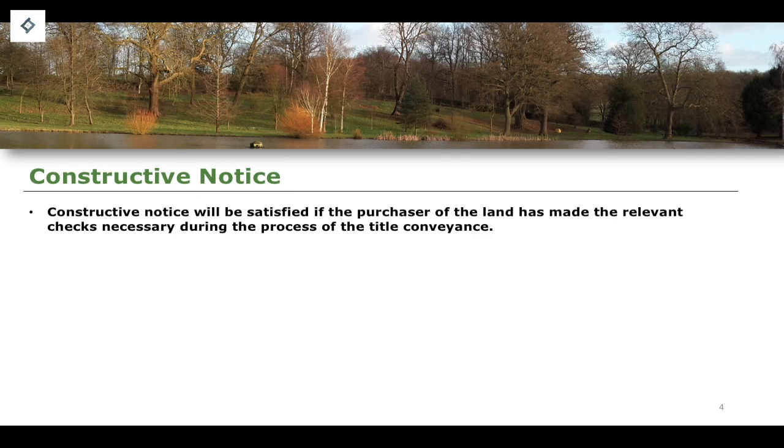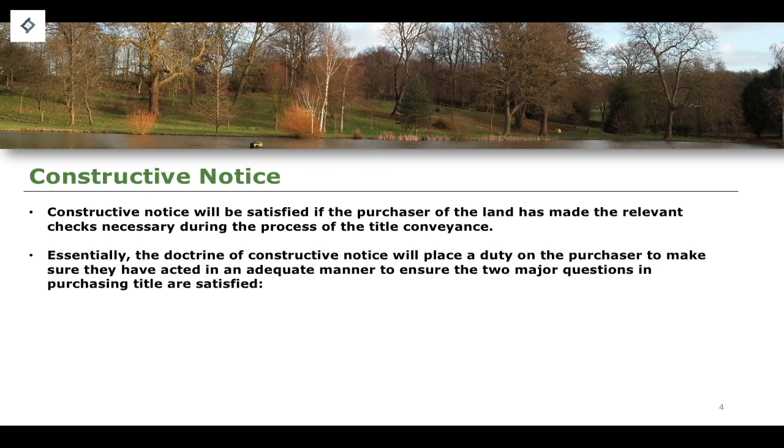Constructive notice is, given the amount of money that is being passed over for the purchase of unregistered land, given how legally and logistically complicated it is to purchase land in any format, did the person who is purchasing land make the relevant checks to find out if there was an equitable interest or not? Essentially, the doctrine of constructive notice places a duty on the purchaser to make sure that they have acted in an adequate manner to ensure the two major questions in purchasing title are satisfied.